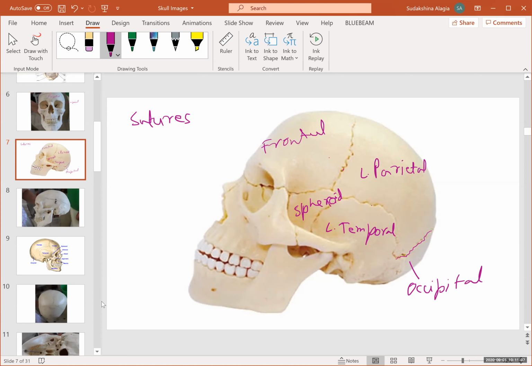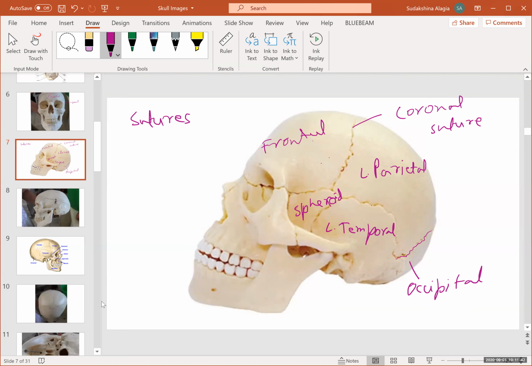The names are either given based on the plane along which the suture is present, like coronal, sagittal, or the shape of the suture. On the roof of the cranium, in superior view and lateral view, we are going to look at 4 sutures. The suture between frontal and parietal is known as the coronal suture.